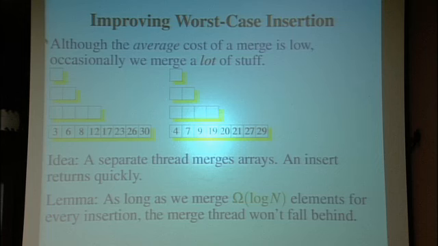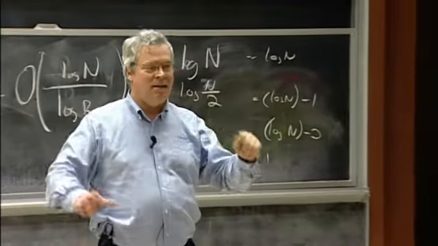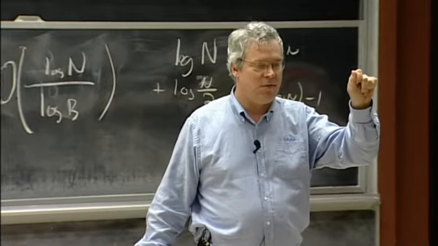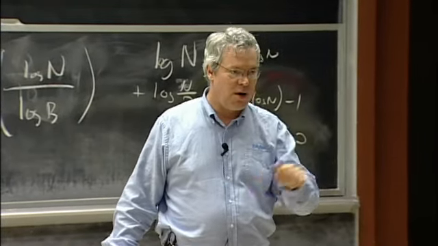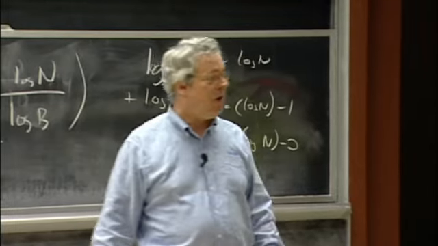And the idea is, let's just have a separate thread that does the merging of the arrays. So we insert something into a temporary array and just return immediately. And as long as the merge thread gets to do at least log n moves every time we insert something, it can keep up. You could actually do a very careful dance where part of the insertion is that I have to move something from this array and something from this array and something from this array, and I can keep everything up to date that way.